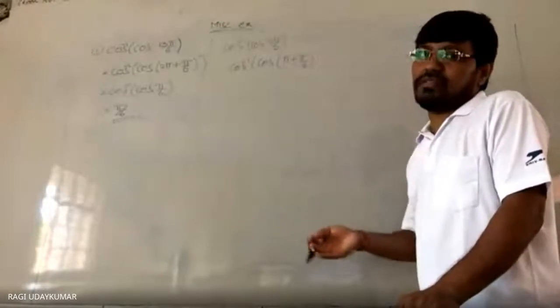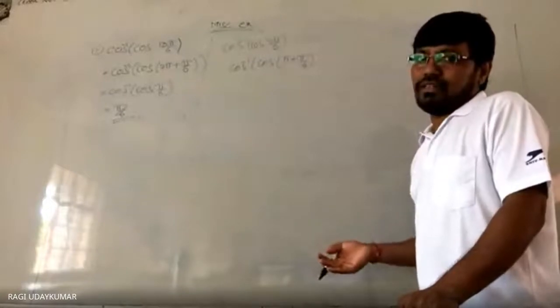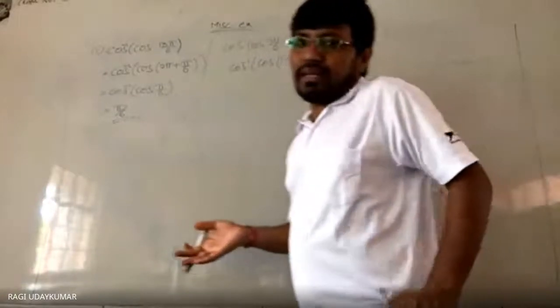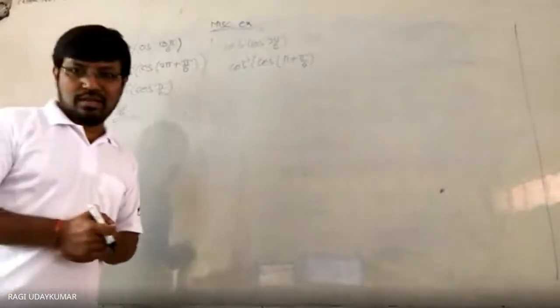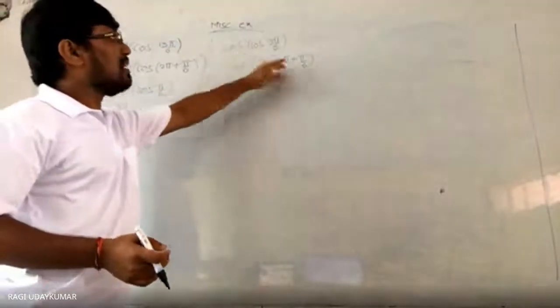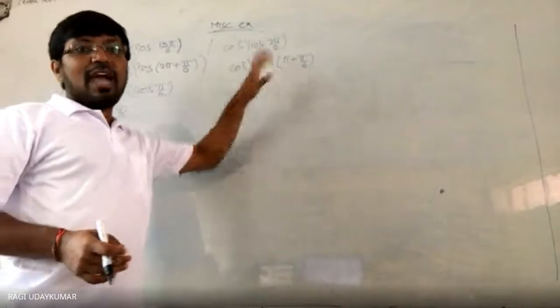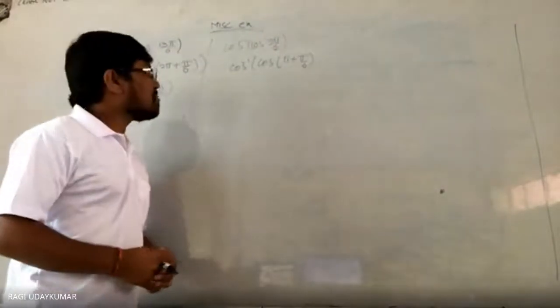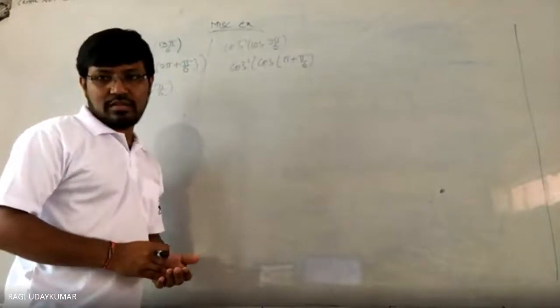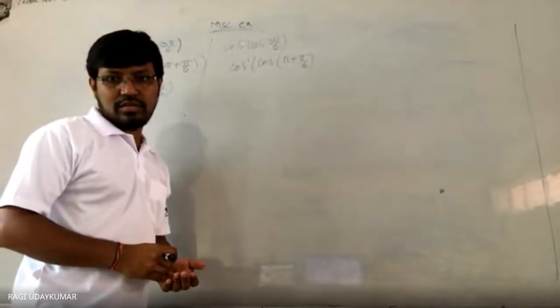Pi plus pi by 6 gives minus cos, so you will get minus cos pi by 6. Minus cos pi by 6 cannot be written as a negative angle. So this problem cannot be written like this, and we have not proceeded in that way. Did you get my point? Yes, sir.